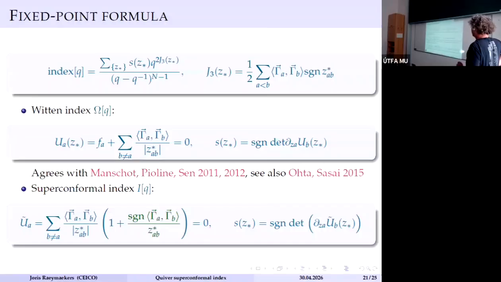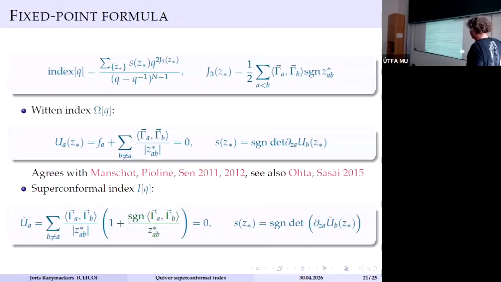The formula is the same for the Witten index as for this index. It's a sum over fixed points of certain equations of q to the power classical angular momentum, and there's a factor from the one-loop determinants here. So if you want to compute the Witten index, you have to find the solutions on the z-axis of the F equations.